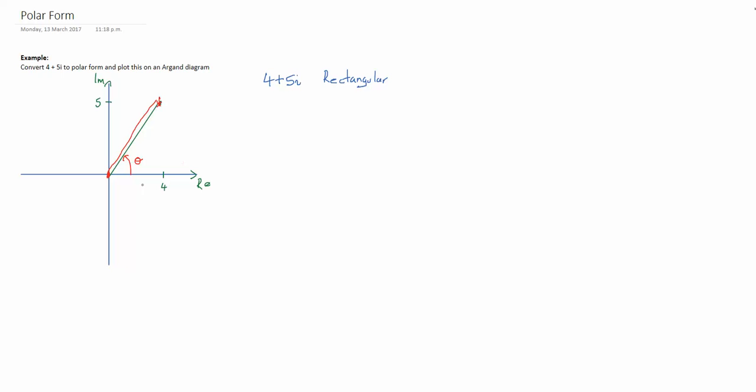So again, you'd need to turn through a certain angle, starting with the real axis as your baseline, turn through the angle and then walk that distance along there.